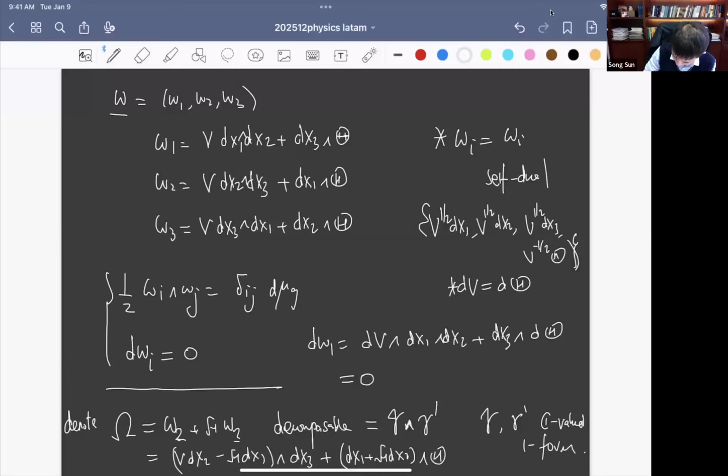So this is dx1 plus I dx2 wedge theta, minus square root of -1 V dx3, something like this. It is a product of two one forms.